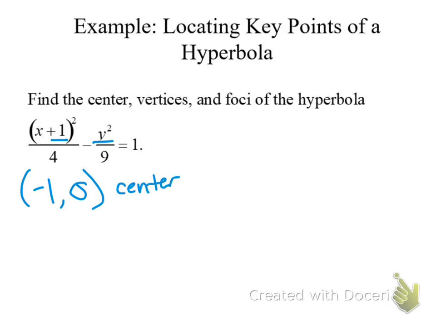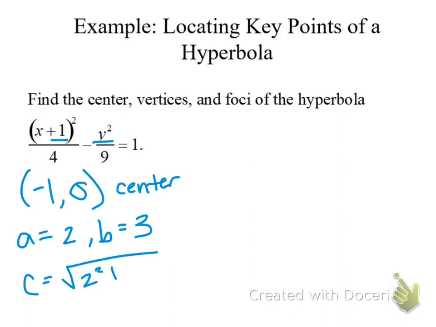Okay, so the vertices are the next part that's really easy. I'm going to identify a is 2 and b is 3, because we're going to need c. c is going to be the square root of a squared plus b squared. And so because I'm not going to add this wrong twice, 4 plus 9 is the square root of 13. Okay.